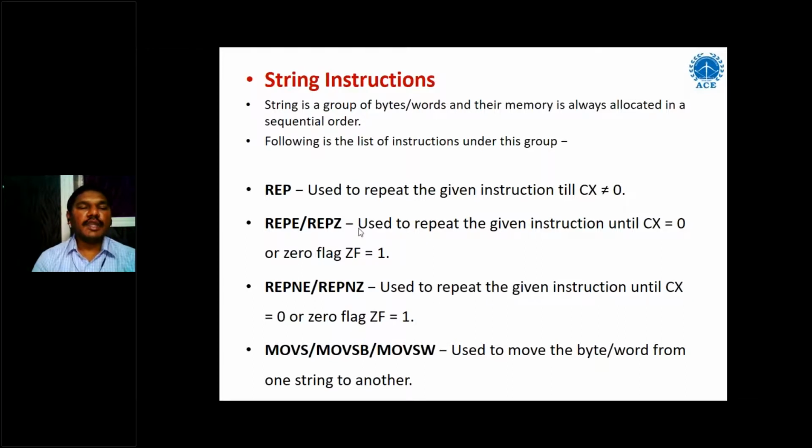And there are REPE and REPZ: repeat if equal and repeat if zero. If the CX value is 0, that is repeat if zero. Repeat if equal: if both are equal, the subtraction takes place and the value is 0, so the zero flag will be 1. Repeat if not equal: if the content of CX is not equal to 0, then repeat.